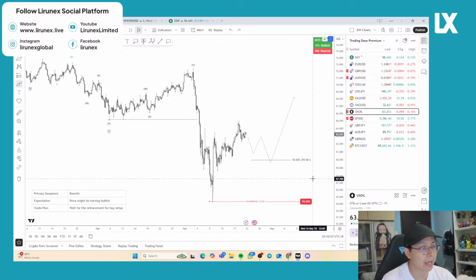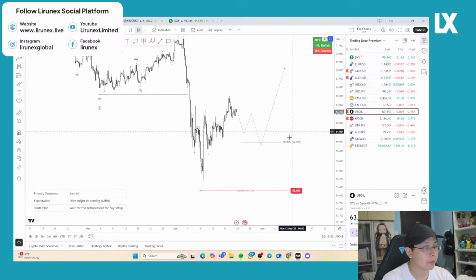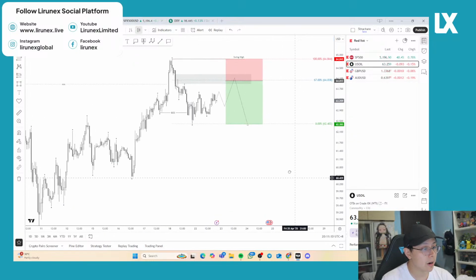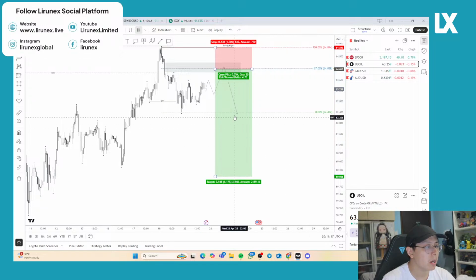You can of course go back to the higher time frame and look at the key level here, which is the expectation of price coming back down to 59.95, or you round it a little bit, 60. You can set your secondary target at 60. If you put your take profit at 60, you can see your risk reward increases significantly to 1:4 point something. In fact, it's close to 1:5.